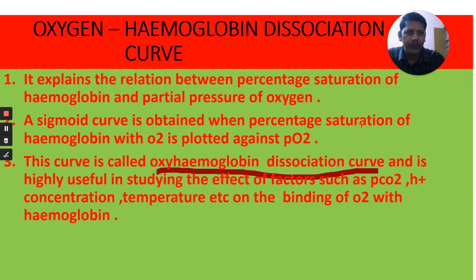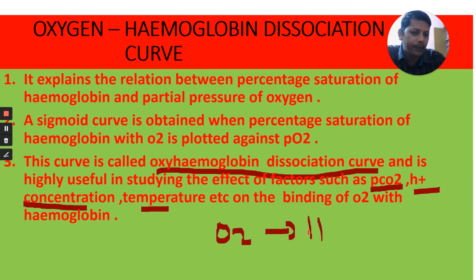This curve is called the oxyhemoglobin dissociation curve, or oxygen hemoglobin dissociation curve, or oxygen dissociation curve, and is highly useful in studying the effects of factors such as PCO2, the partial pressure of carbon dioxide, H plus ion concentration, and temperature on the binding of O2 with hemoglobin. Oxygen and hemoglobin bind together and form HbO2.